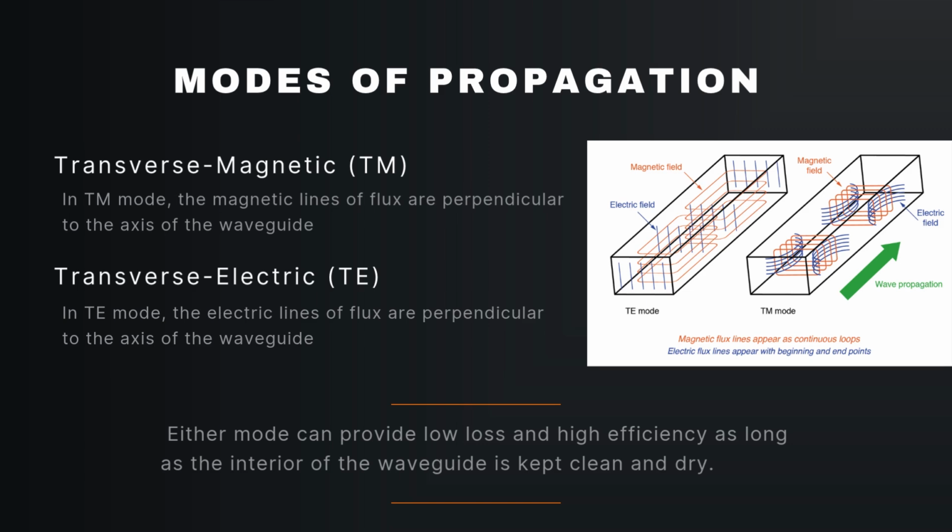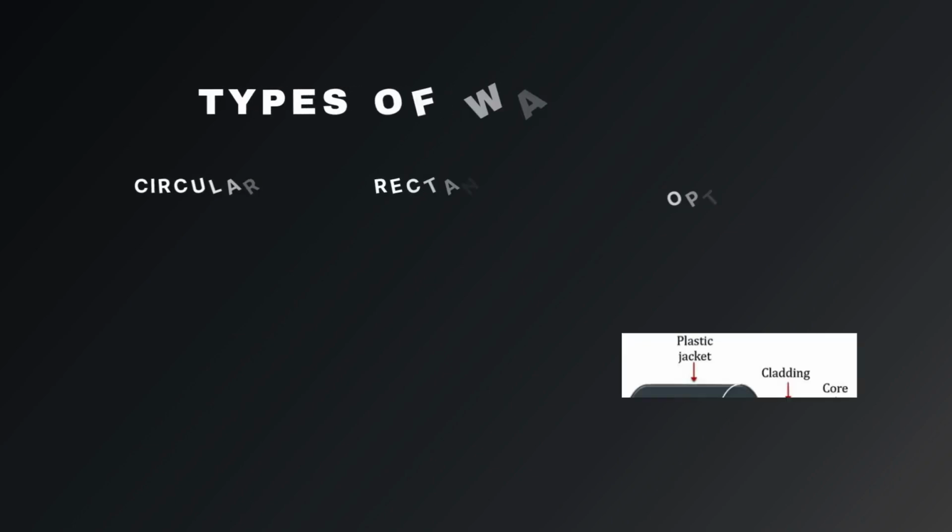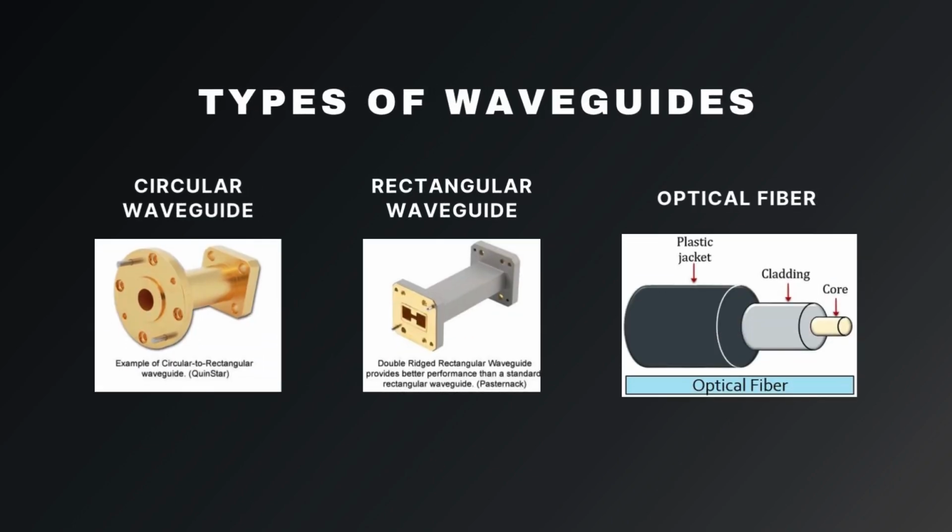Waveguides come in different shapes and materials. The first is circular waveguides. It is used when circular symmetry is needed. It converts easily into rectangular waveguides for certain applications. The second is the rectangular waveguide. It is the most commonly used type.